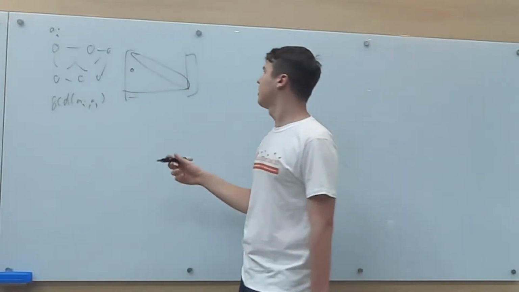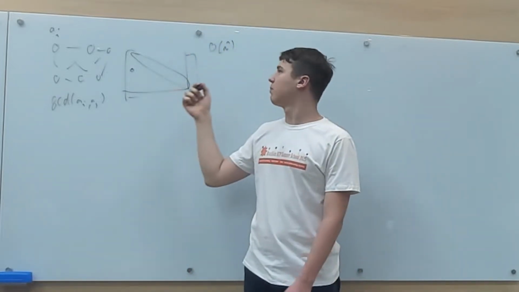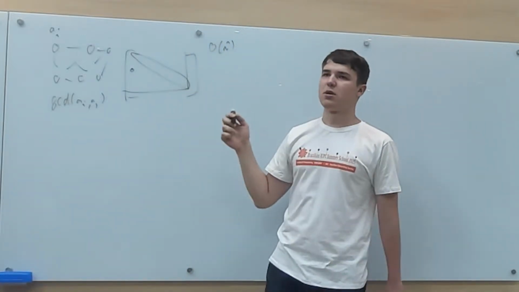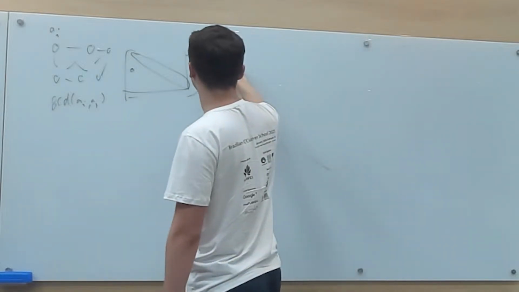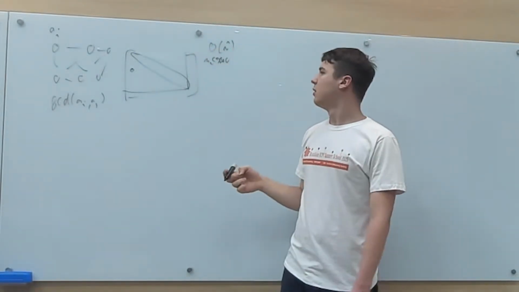But the algorithm to compute a determinant is n cubed, and this is way too slow for n up to 5000. So we need to look for something a bit faster.